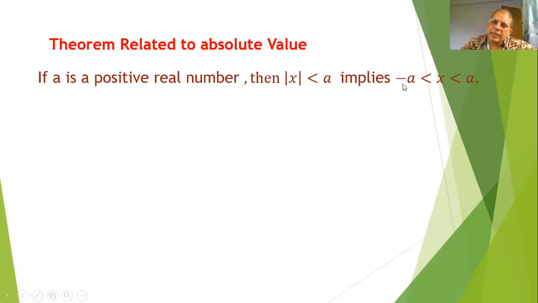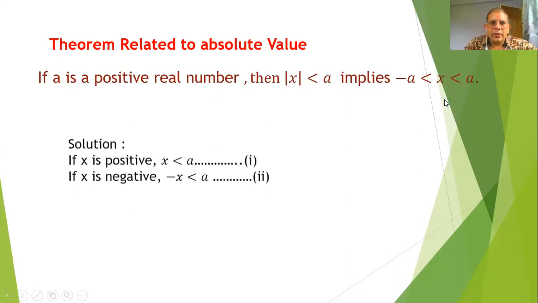If you have minus a is less than x is less than a, then you can write absolute of x is less than a. So you have one statement here, and you can write two statements here. One is, if absolute x is less than a, then it implies x lies in between minus a and plus a.